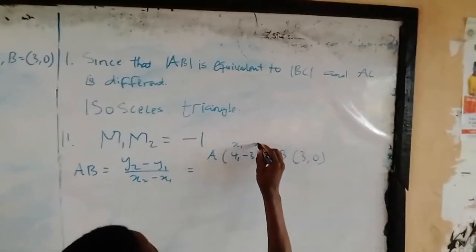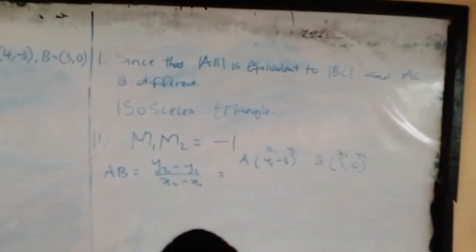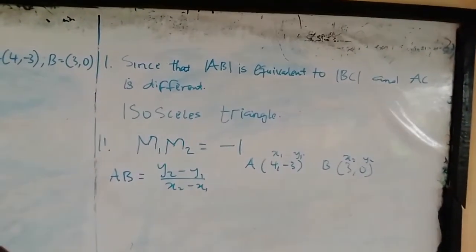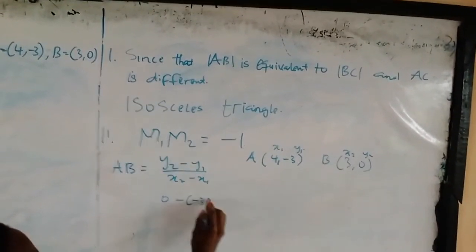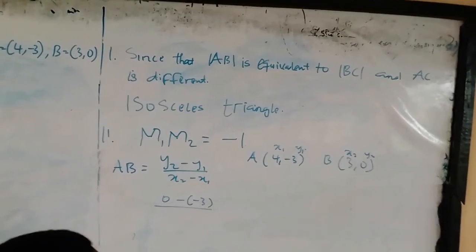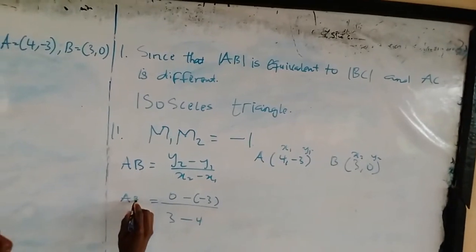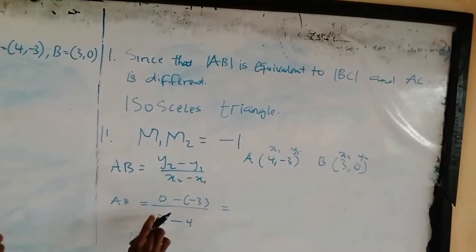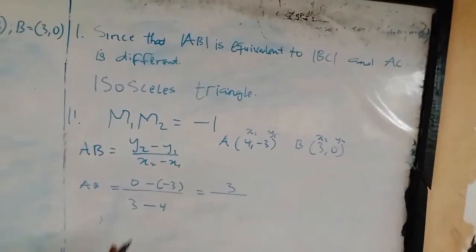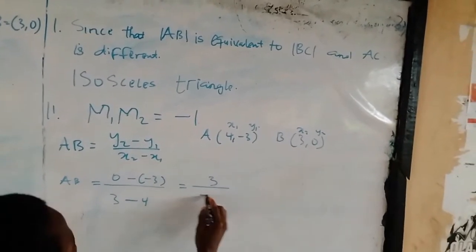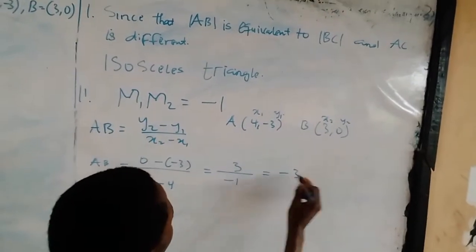Applying the formula, we have 0 minus minus 3 all over 3 minus 4. 0 minus minus 3 gives plus 3, and 3 minus 4 gives minus 1. So 3 divided by minus 1 is minus 3.